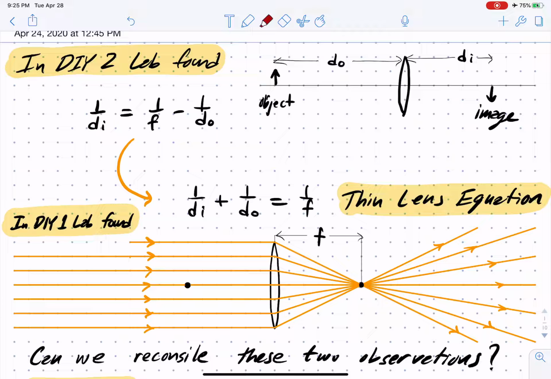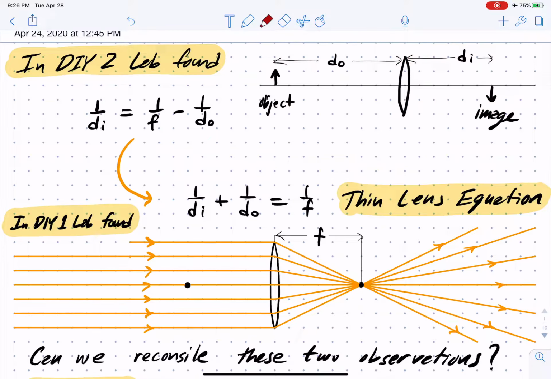Let's do a quick review of the two labs that we've done. In the second lab, we took an object and placed it in front of a lens, and then we found the image of that object. We measured the distance between the lens and the image, and the distance between the lens and the object.